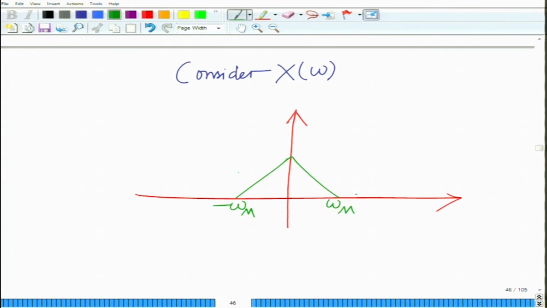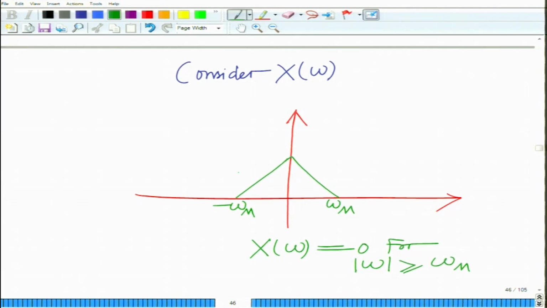This is omega m. So X of omega equals 0 for magnitude of omega greater than or equal to omega m, that is omega greater than or equal to omega m or omega less than or equal to minus omega m.